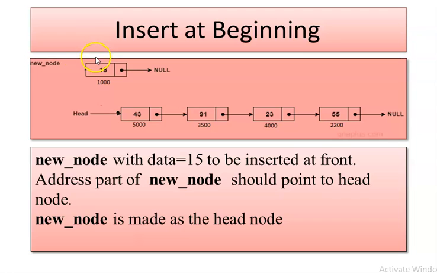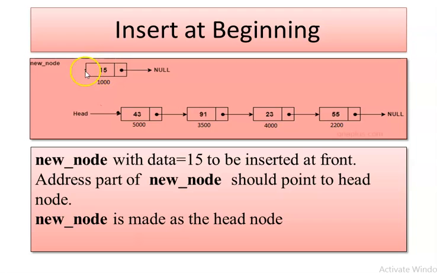We are adding this node, which is an independent node with address 1000. These nodes have addresses 5000, 3500, 4000, 2200, and so on.